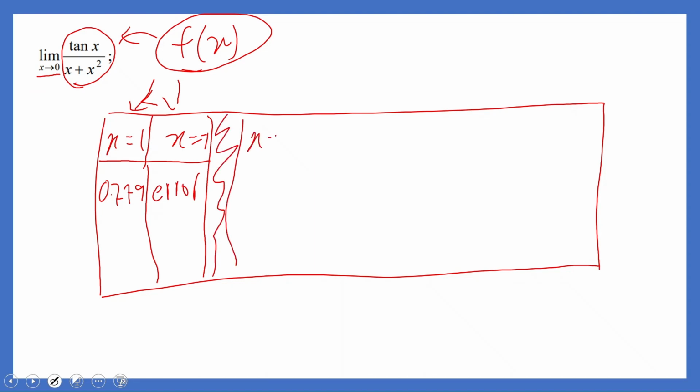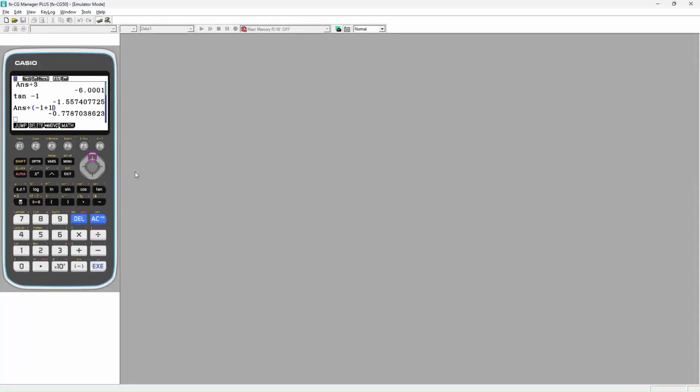Let's write x equal to 0.5 and x equal to minus 0.5. What is tan of 0.5? Just delete this line over here. So tan of 0.5 is 0.54, whatever.